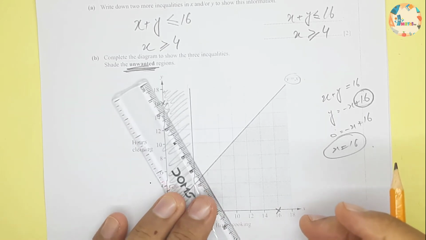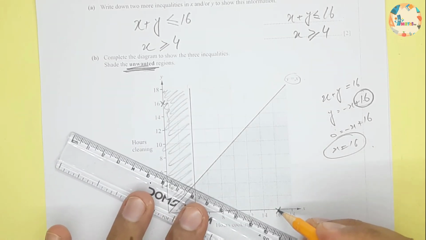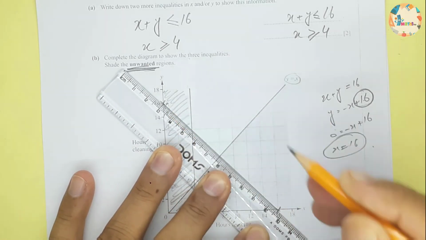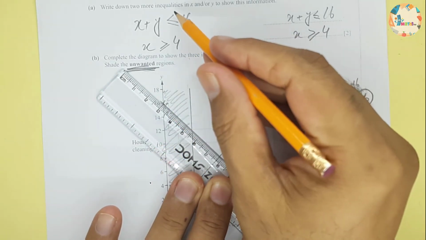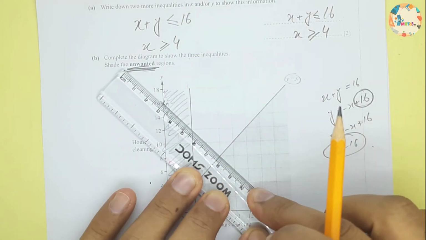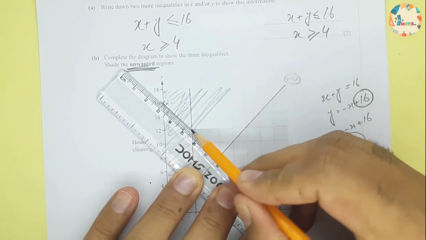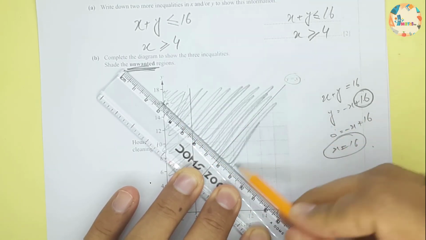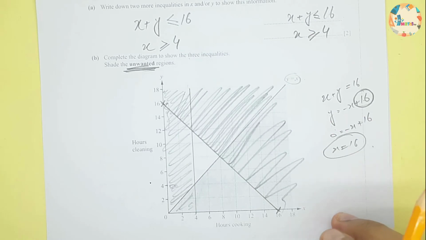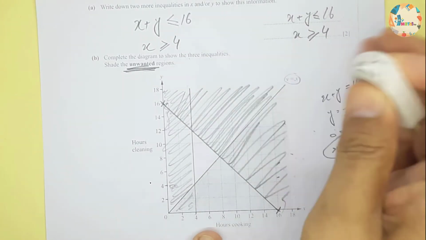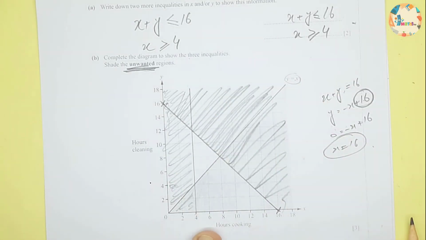We can draw a line from this point to this point, and less than or equal to is required. So greater than is unwanted. This is the unwanted region which we can shade. We can erase any extra shading. So we are done with this.